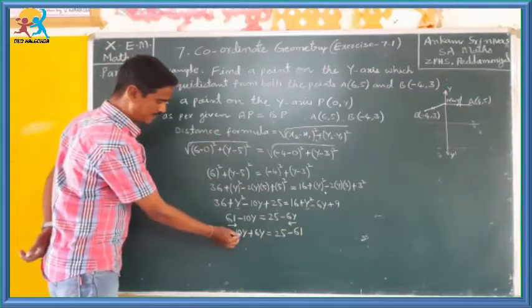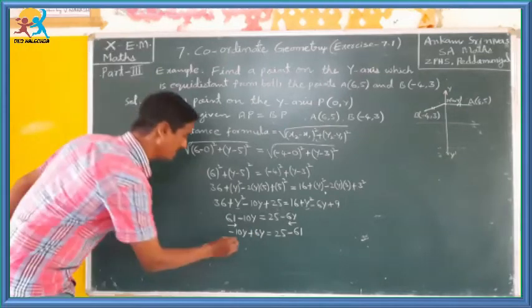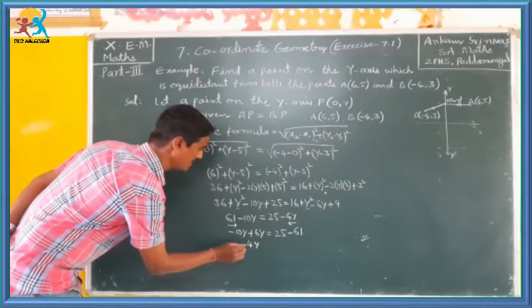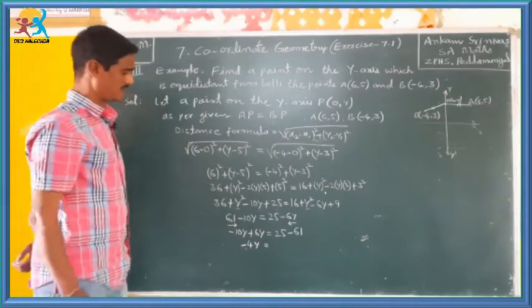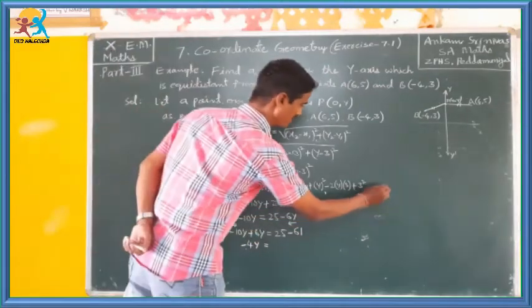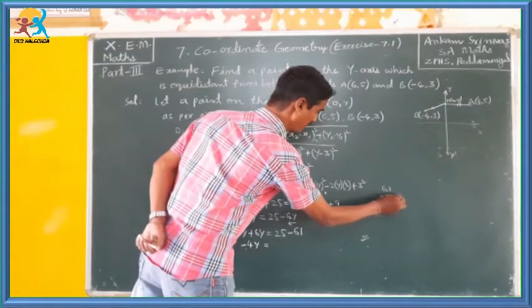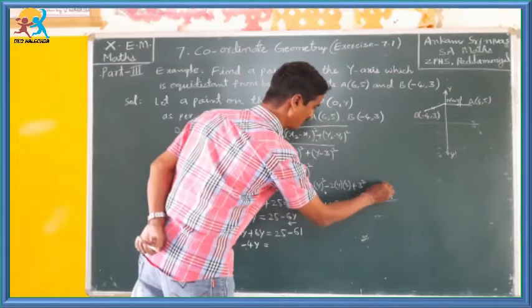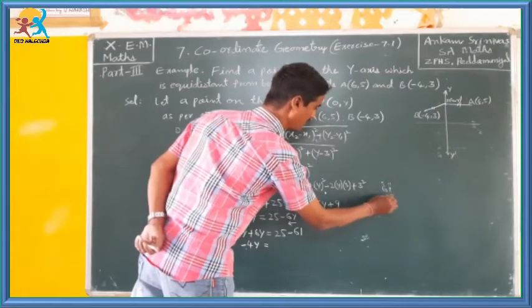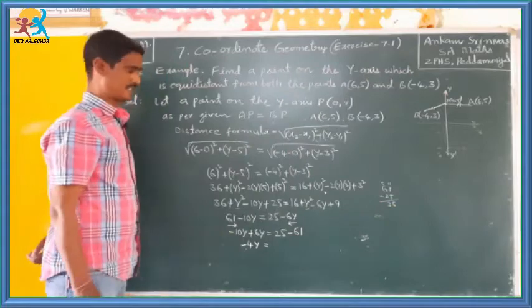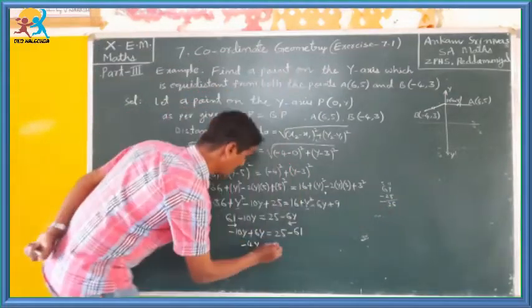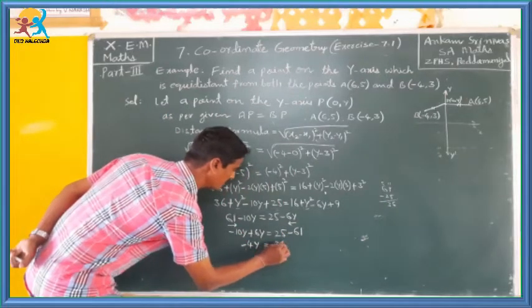So minus 10y plus 6y gives minus 4y, and 25 minus 61 gives minus 36.